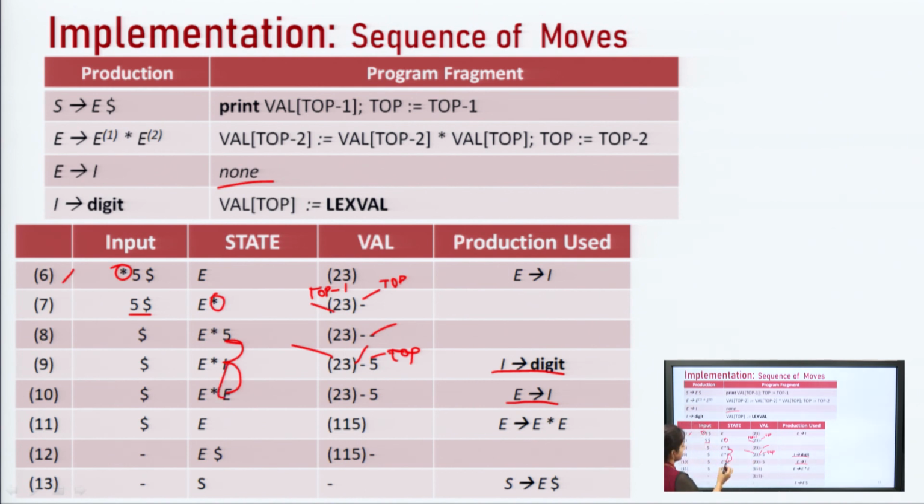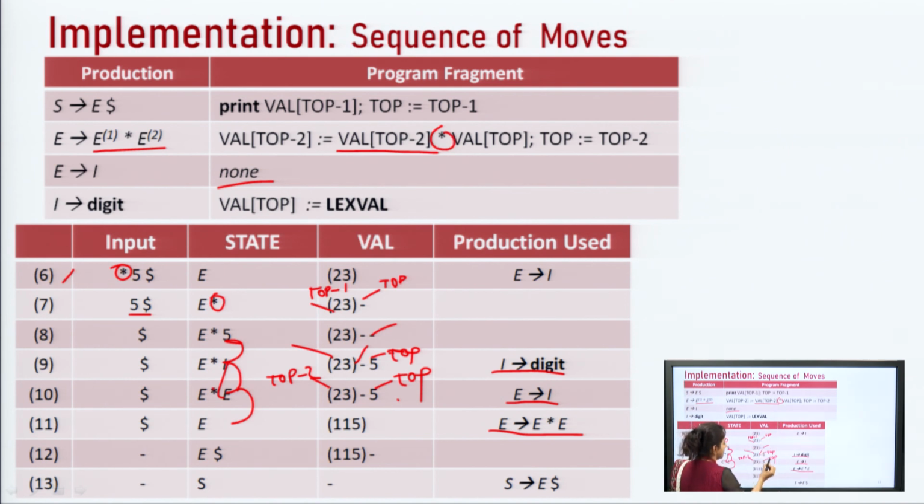Now next is E multiplication E. This can be reduced to E using this production. Here the semantic action is that this is at top and this is at top minus 2. So, we will take the value at top minus 2, then the value at top, and the operation is multiplication.